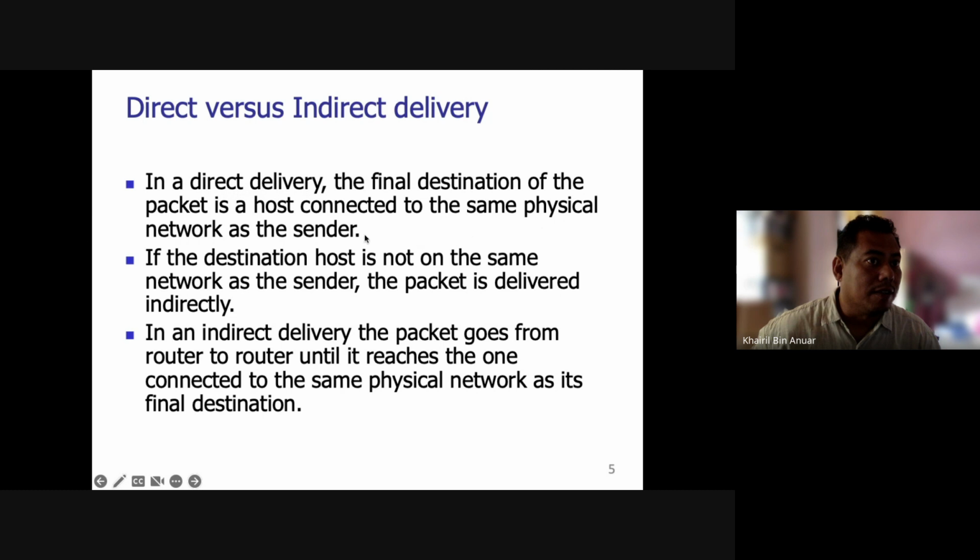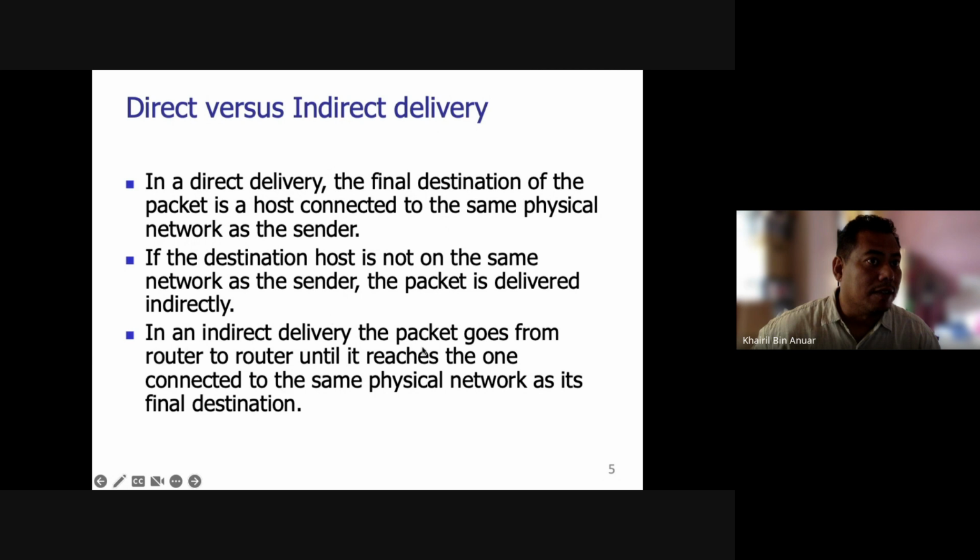And if the destination host is not on the same network as the sender, the packet is delivered indirectly. So if all the hosts are connected physically, then we can say that it is a direct delivery. Other than that, it is indirect.